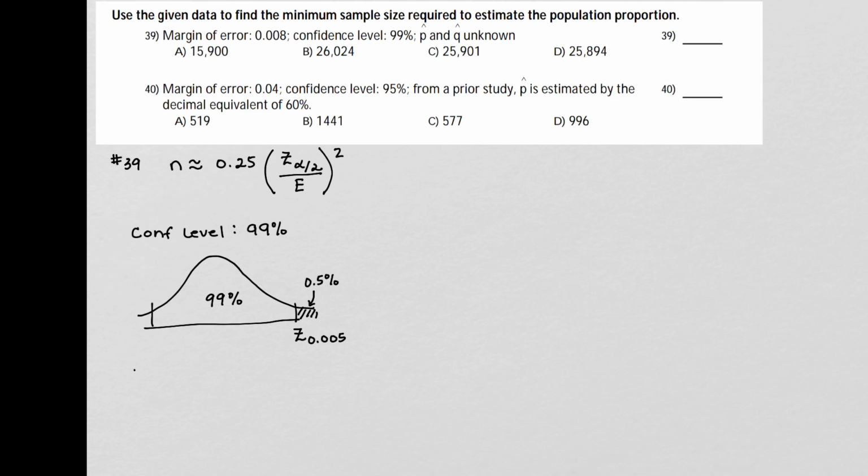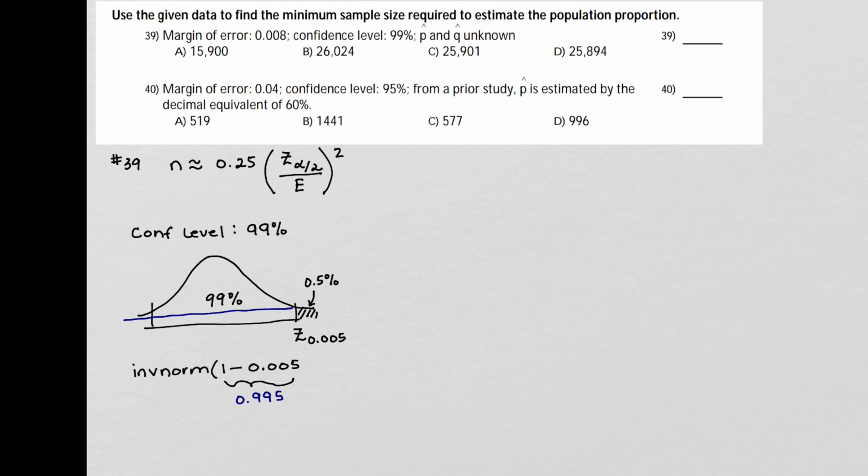So to do this, we're going to do inverse norm, and we are going to put in 1 minus 0.005, because this is the area on the left-hand side. So that's what we're talking about here on the left-hand side of that critical value. And so that would be, if we calculated this, 0.995.